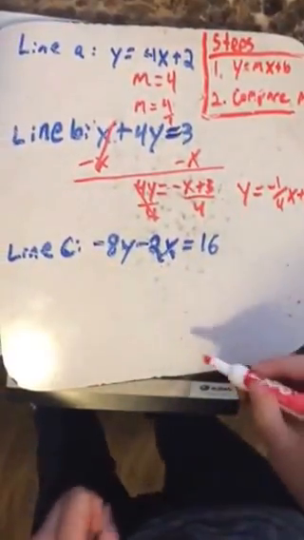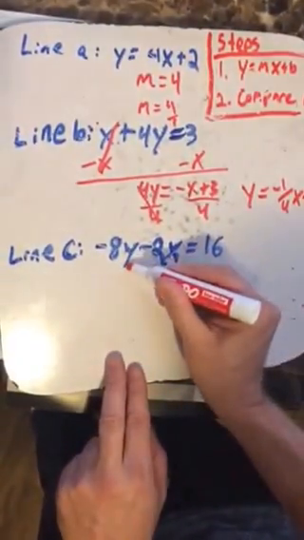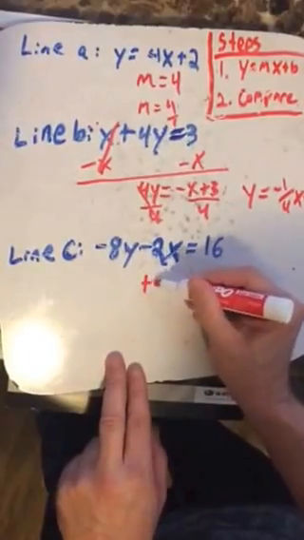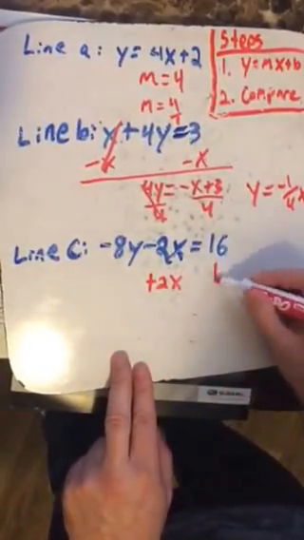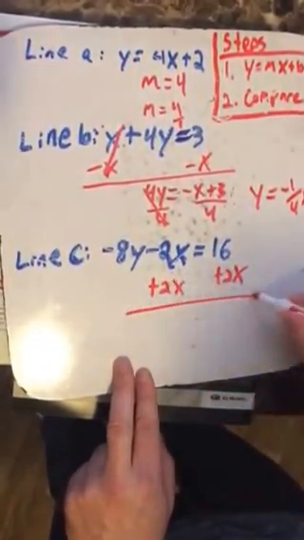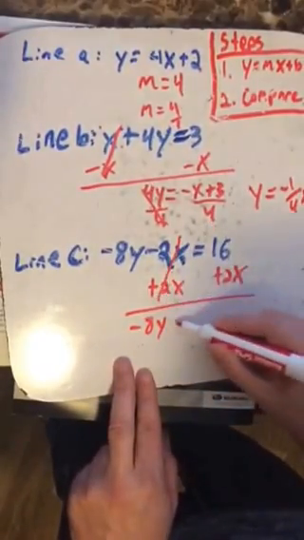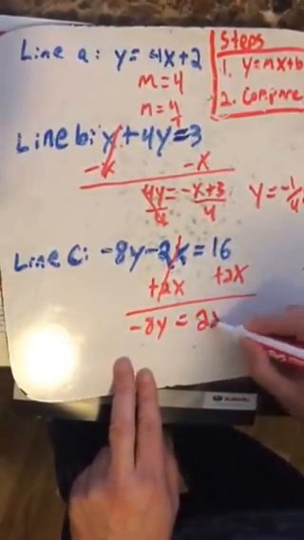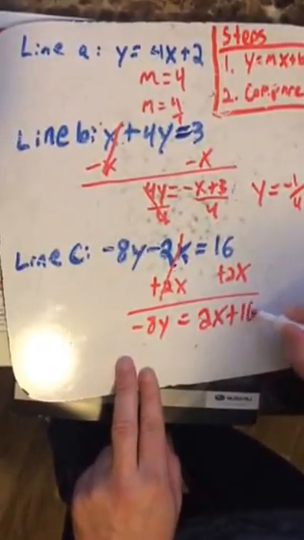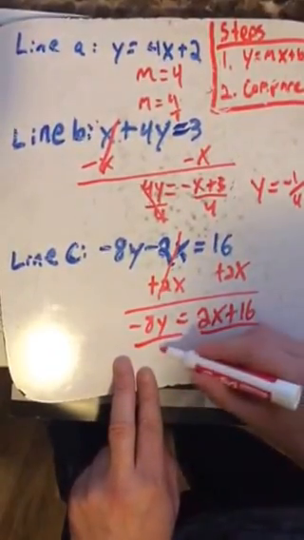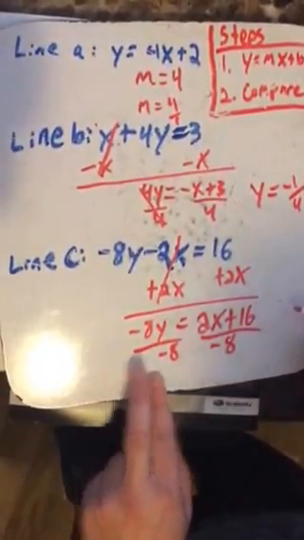Let's check this one out and see what happens. So we need to, again, solve for y and compare the m's. Add 2x to one side and to the other. Let's bring everything down that we didn't use. And then divide both sides by negative 8 to solve for y. I'll write it to the side here.